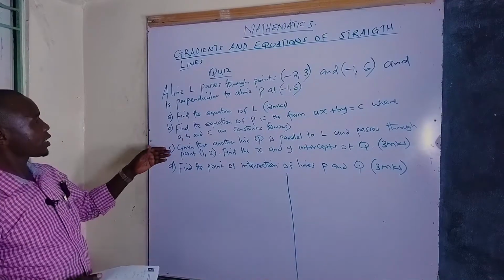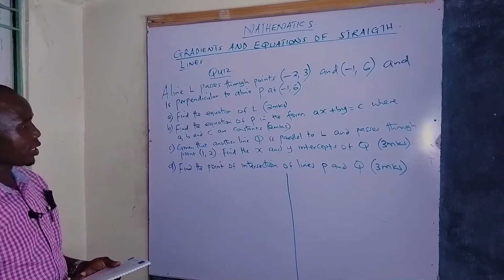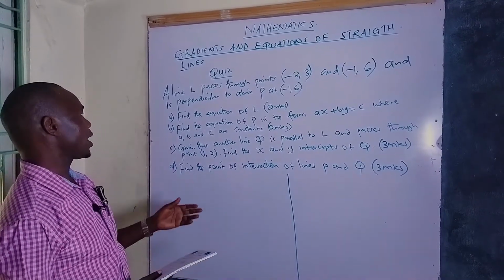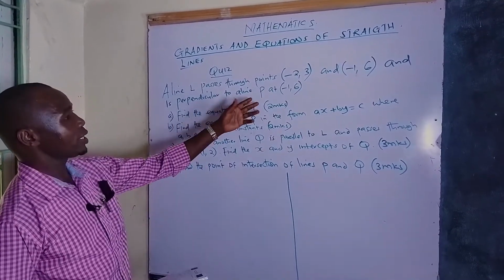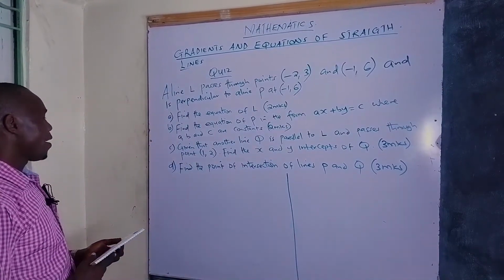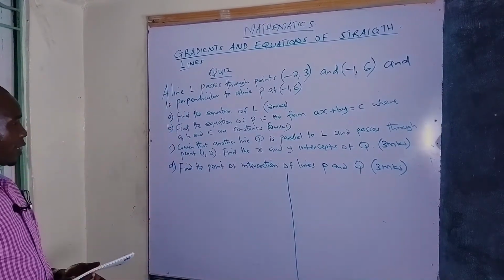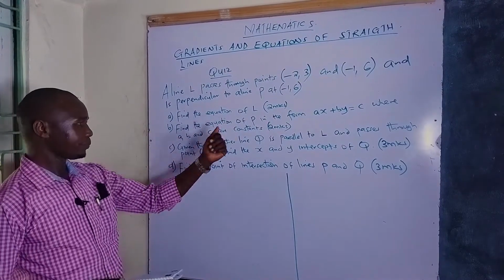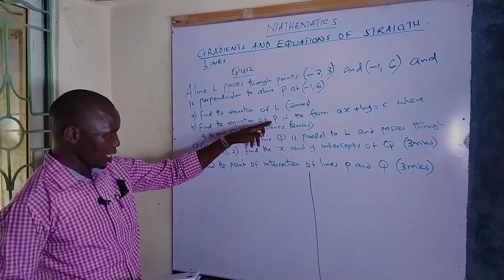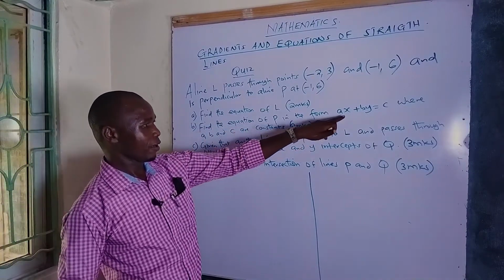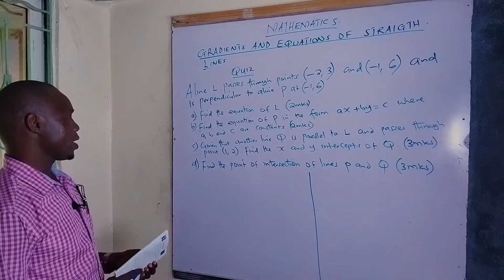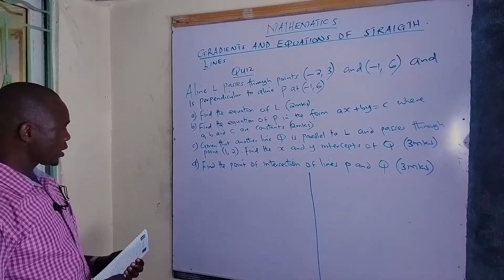The question reads: a line L passes through points (-2, 3) and (-1, 6) and is perpendicular to a line P at this point, which is the same as this one here. A, you are required to find the equation of line L, 2 marks. B, find the equation of line P in the form ax + by = c, where a, b and c are constants.